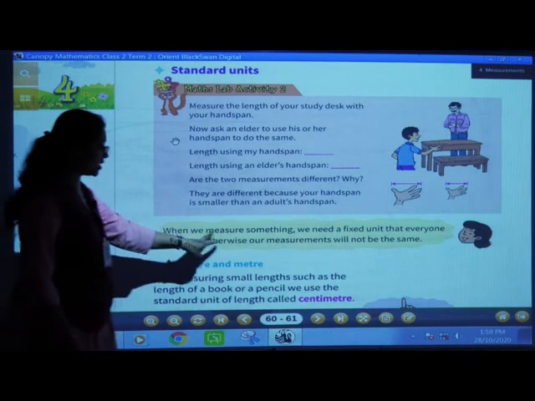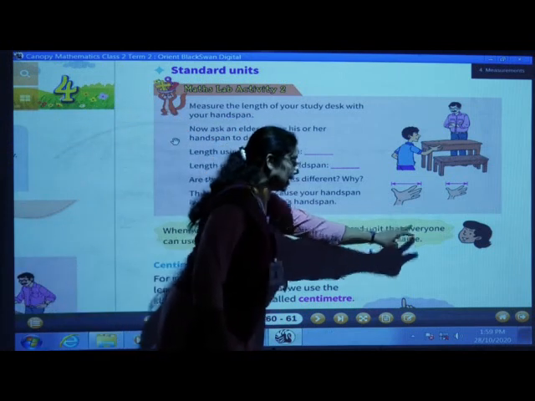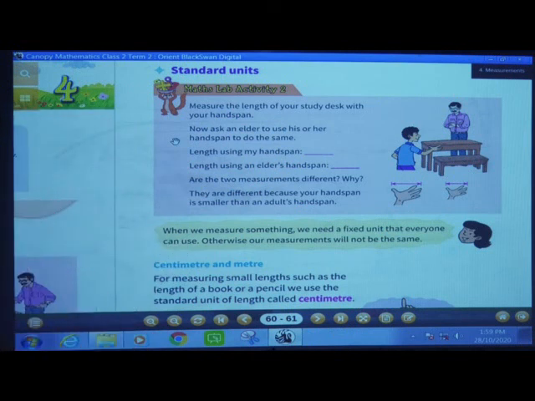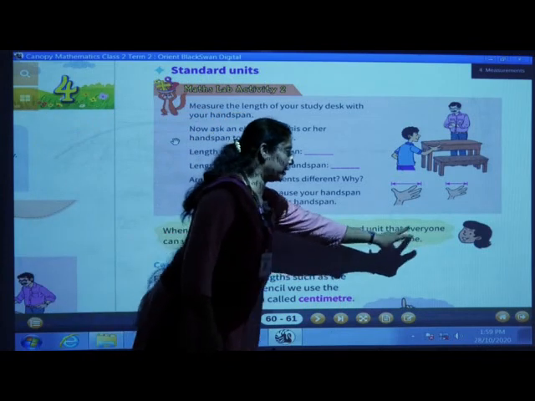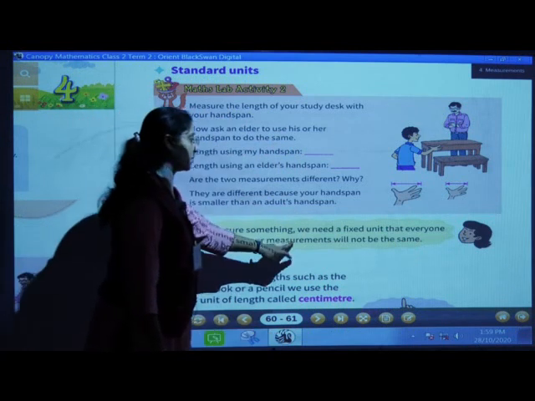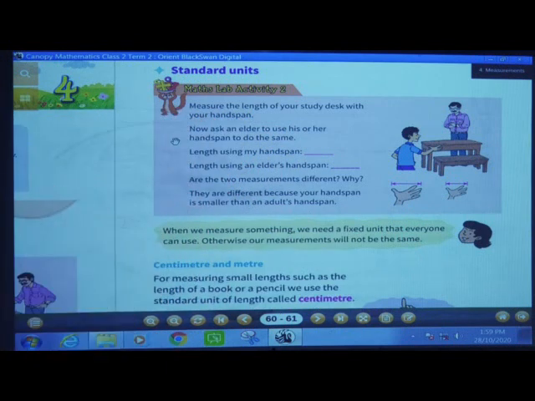When we measure something, we need a fixed unit that everyone can use. Otherwise, our measurements will not be the same. Okay.